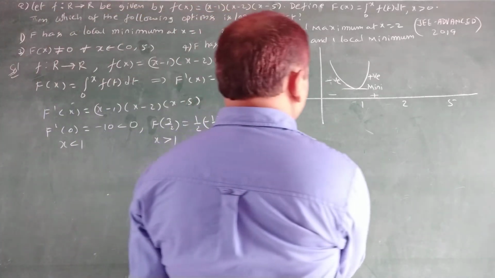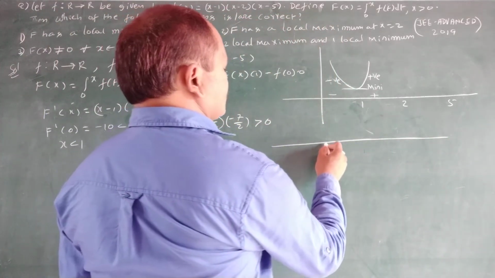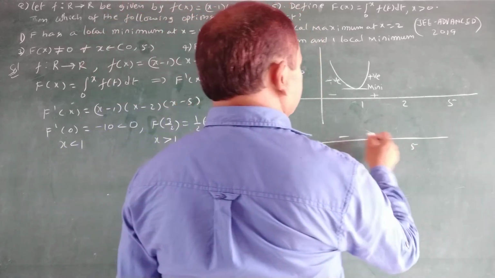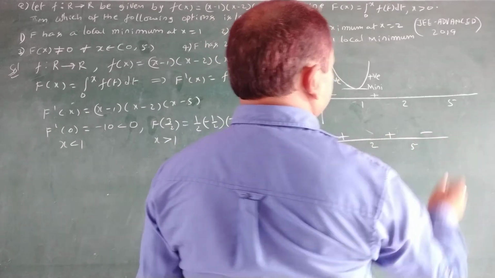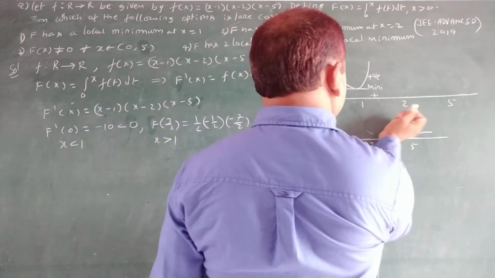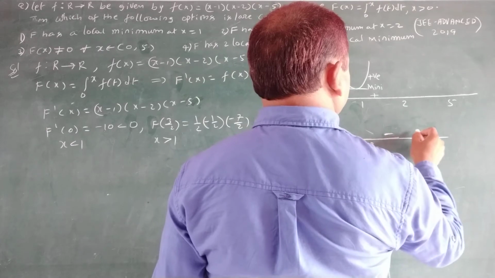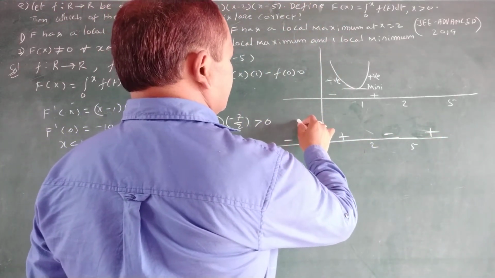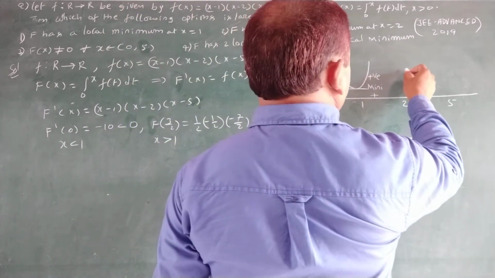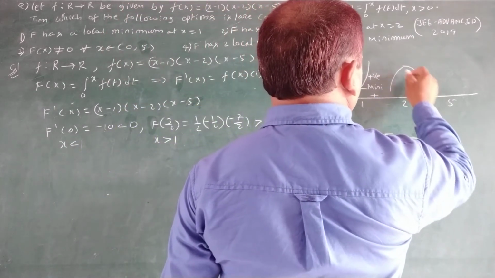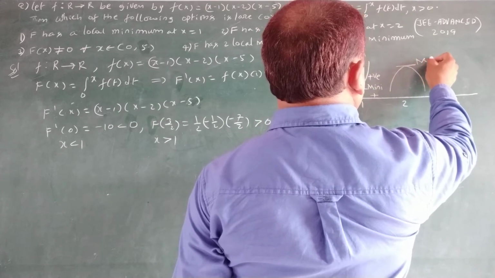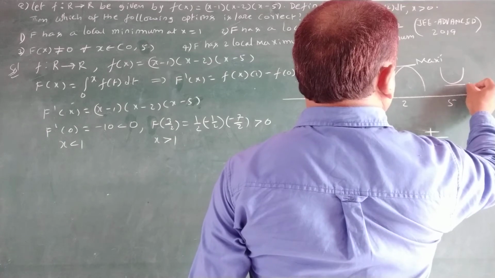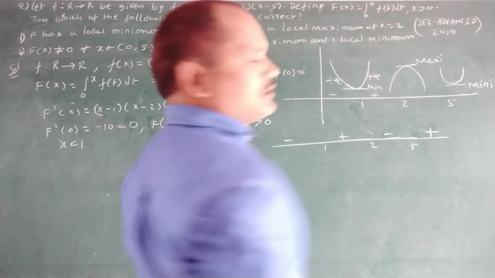Here it is 1, 2, 5, with signs minus, plus, minus, plus. That's why the curve is decreasing here, increasing here, then this is a local maximum. Again it is decreasing and then increasing, a local minimum.